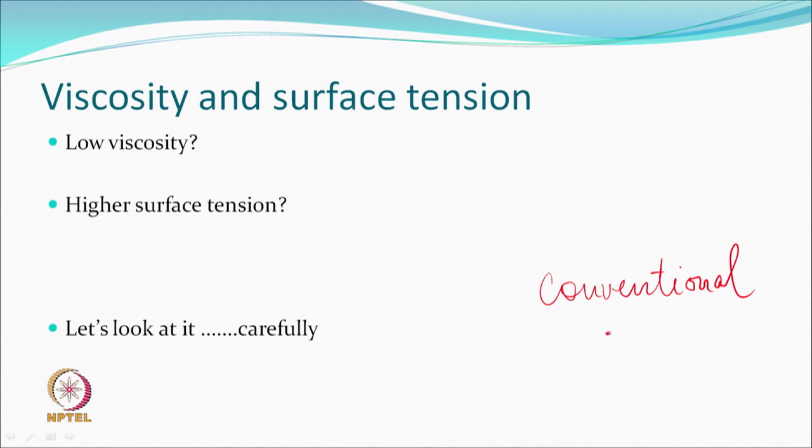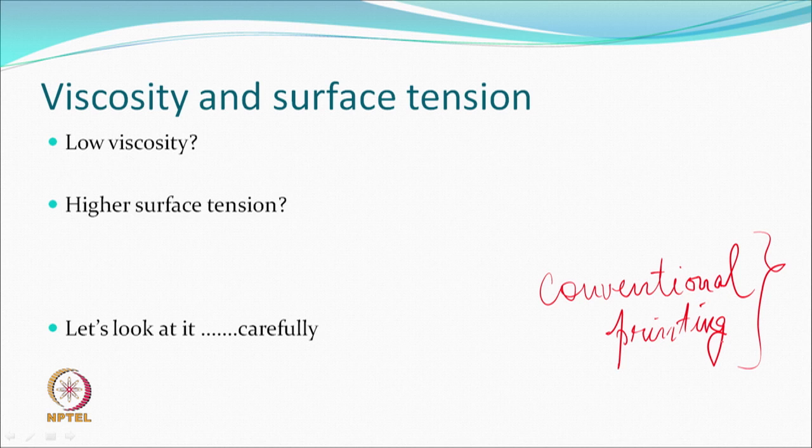Conventional printing uses print pastes which have very high viscosity. So, we are much away from that. It is a very low viscosity system, and surface tension we generally expect to be higher.